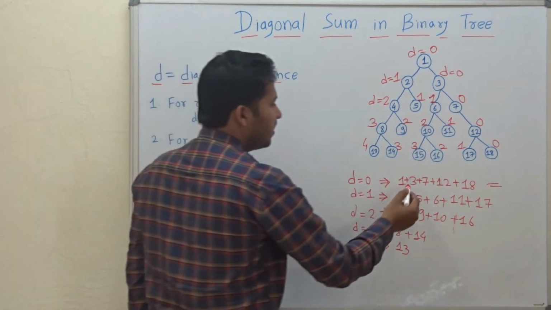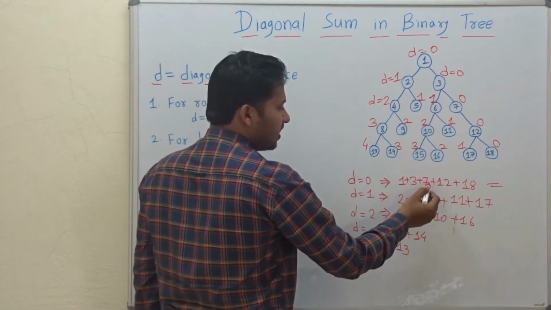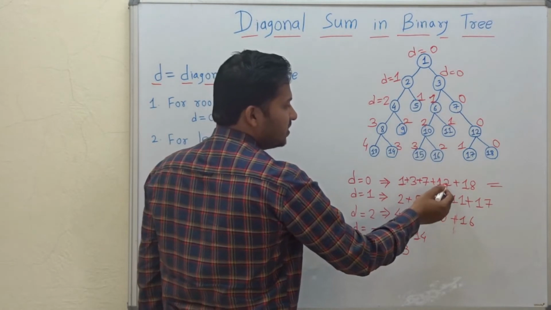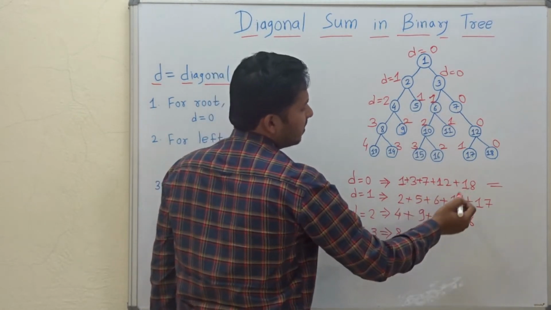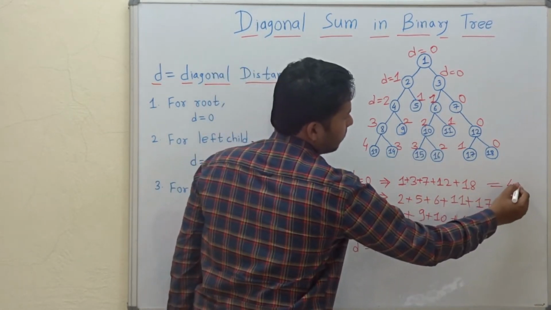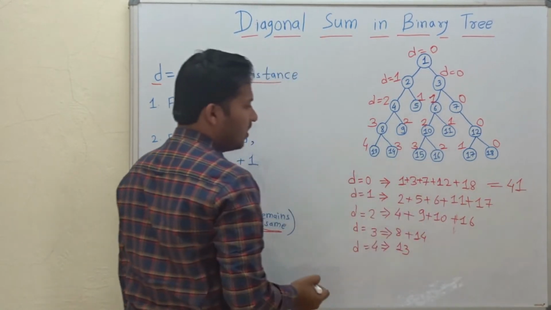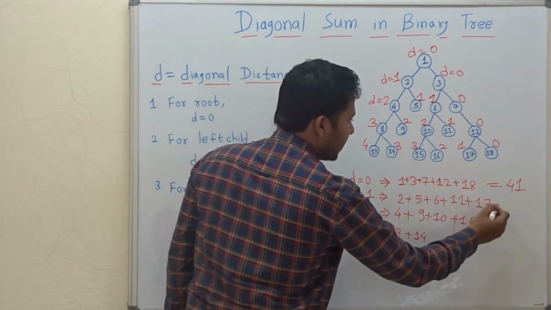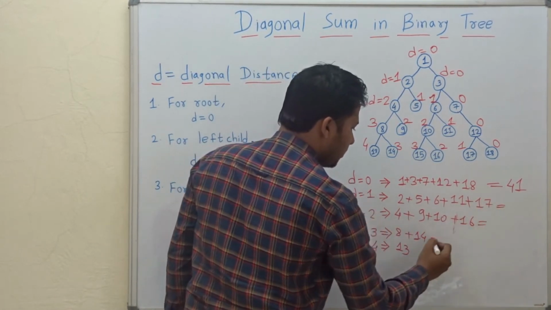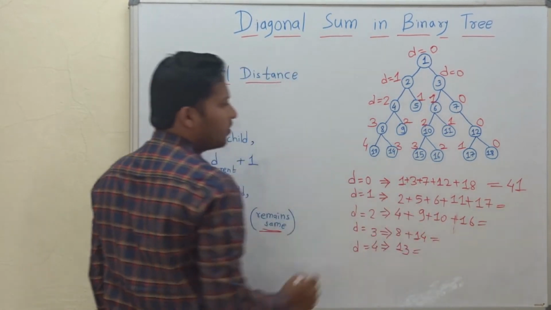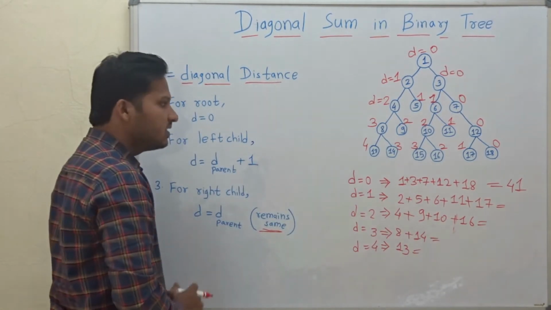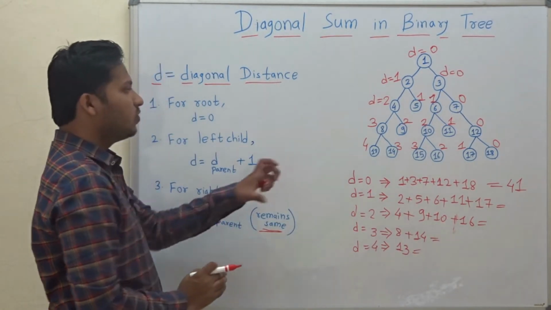For example, here 1 plus 3, 4 plus 7 is 11, plus 12 is 23, 23 plus 18 is 41. So that is the sum for the first diagonal. And similarly, we can calculate the sum for each diagonal here. So this is how we calculate the diagonal sum.